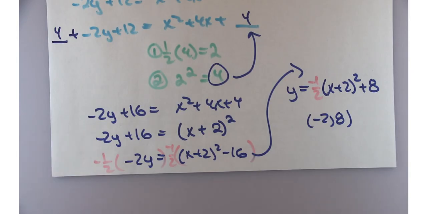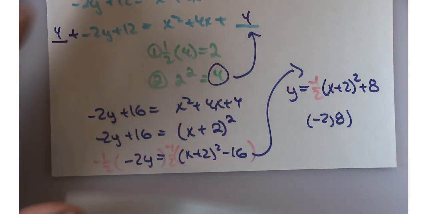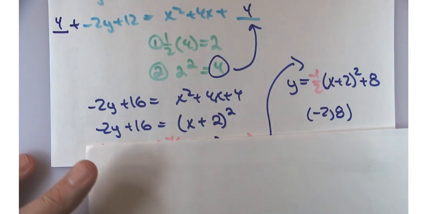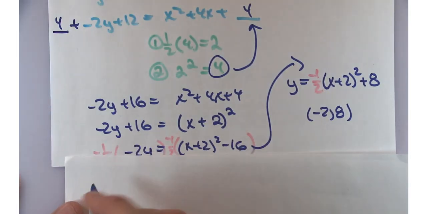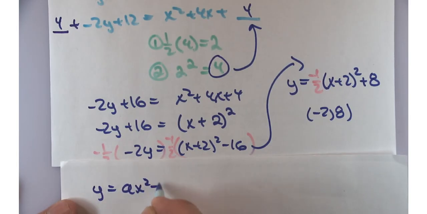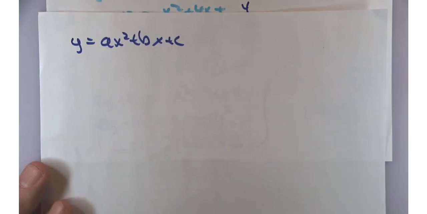Now, is there a faster way to get here? I'd say so. Yeah. Let me remind you from the other day, at least I think we did it the other day. If you have a formula like y equals ax squared plus bx plus c, that's going to be a parabola.